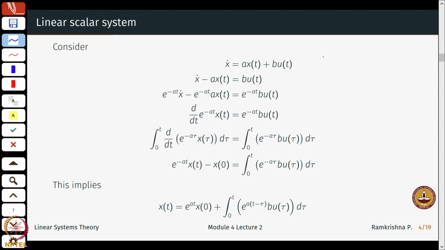I'll just skip all this; it's very self-explanatory. So by doing all this, it implies that x of t is e power At x naught, which is again the solution to the unforced system, plus an extra term which comes because of the input: integral of e power A(t minus tau) B u(tau) d tau.